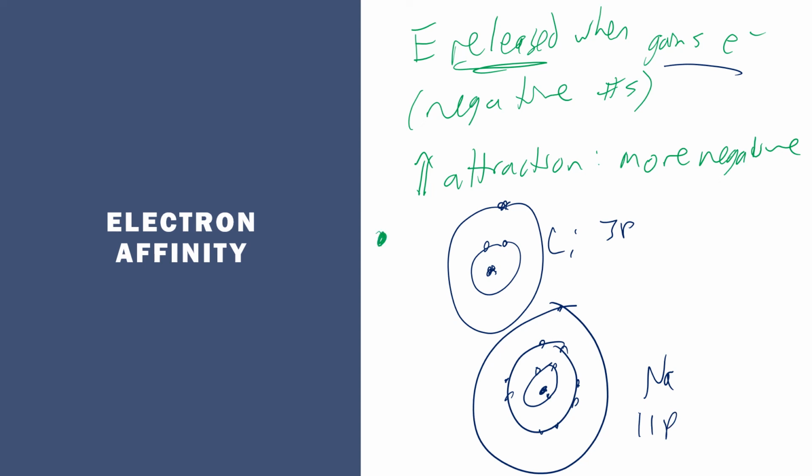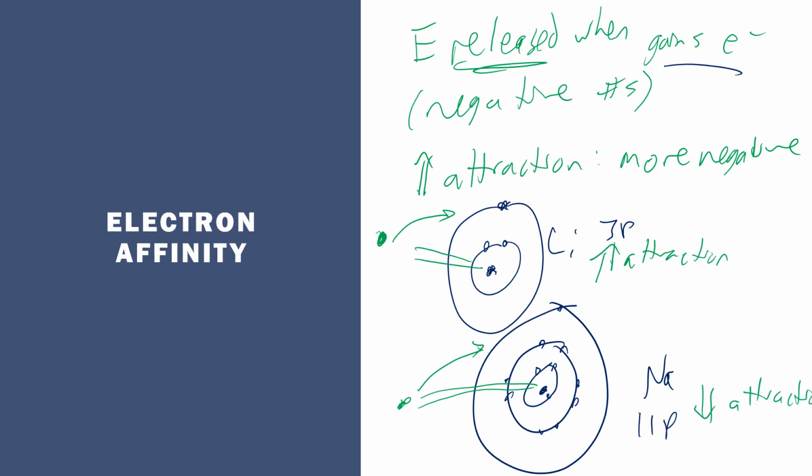So this extra electron has to come in from somewhere else. So the protons have to be doing the attracting. So lithium, because its outermost shell is so close to the nucleus, it's going to have a greater attraction for electrons because that distance is reduced. Sodium, on the other hand, see how far away it is? And there's electrons blocking the protons from exerting as much charge. So sodium will have a weaker attraction for electrons based on that distance.